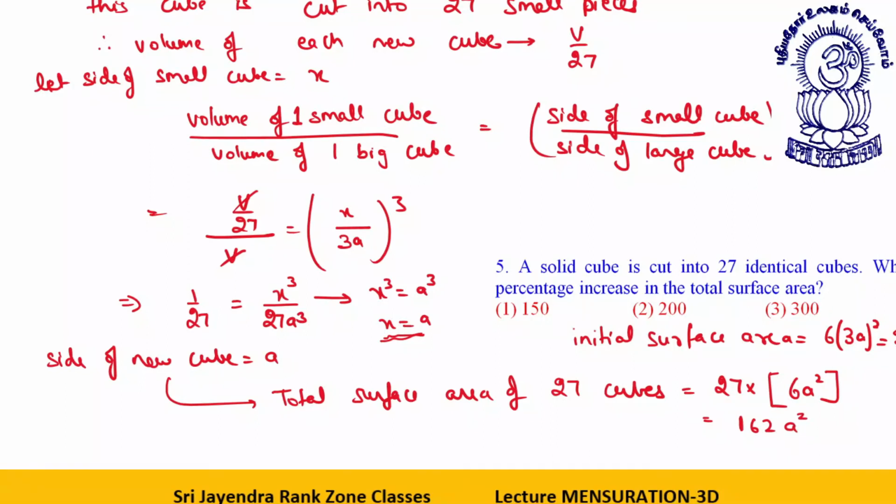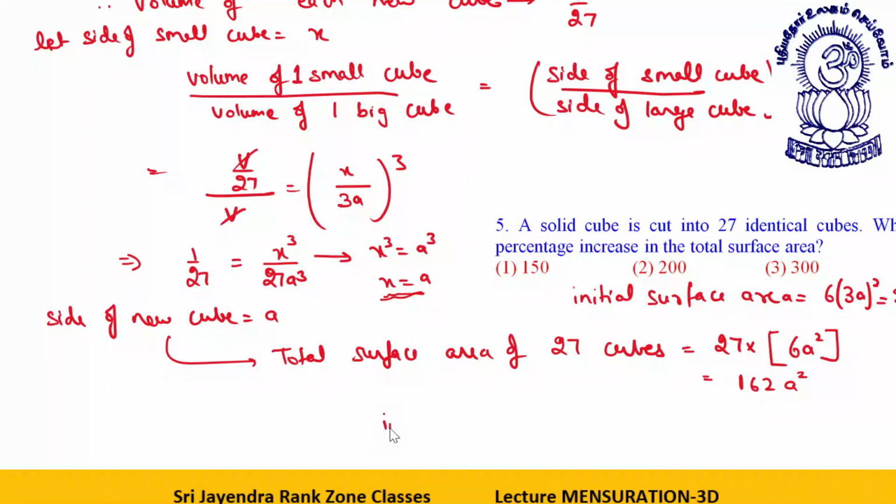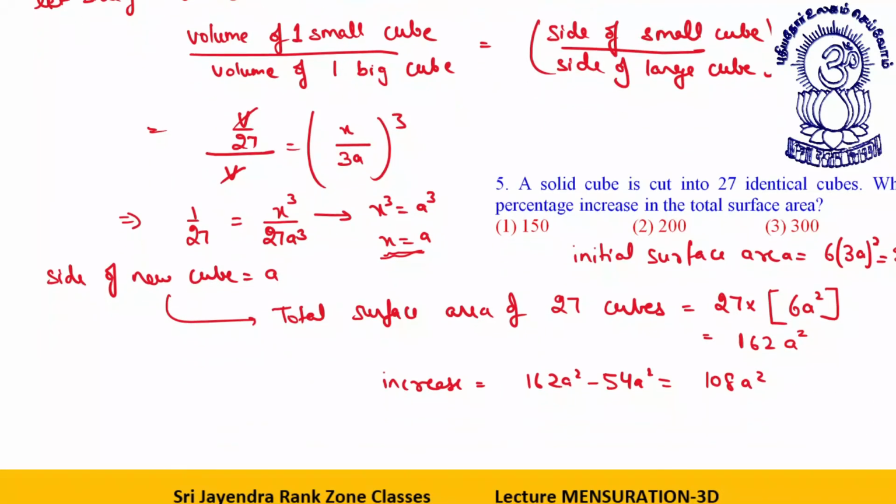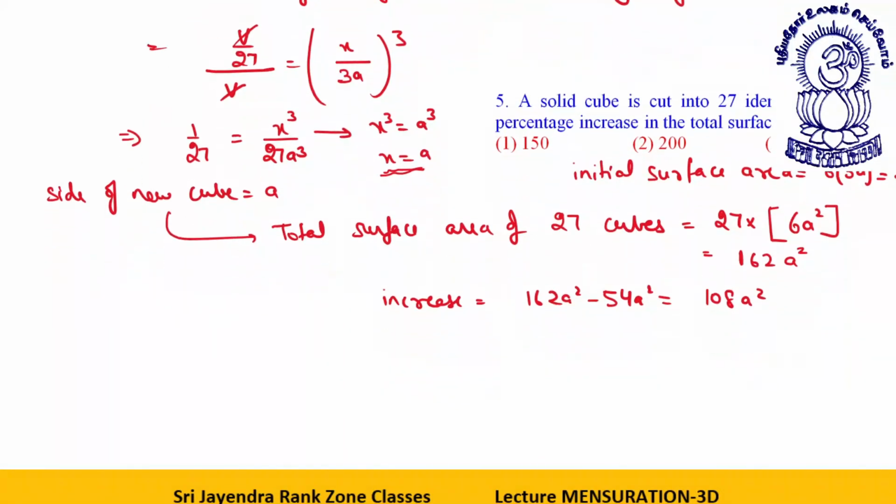What is the increase? Increase is 162a square minus 54a square, which will be equal to 108a square. What is the percentage increase?